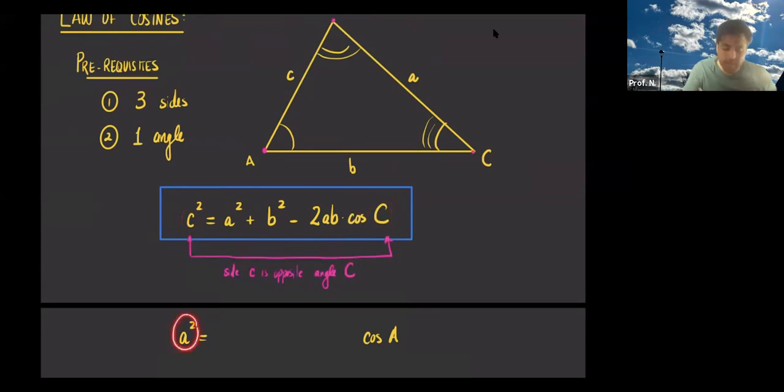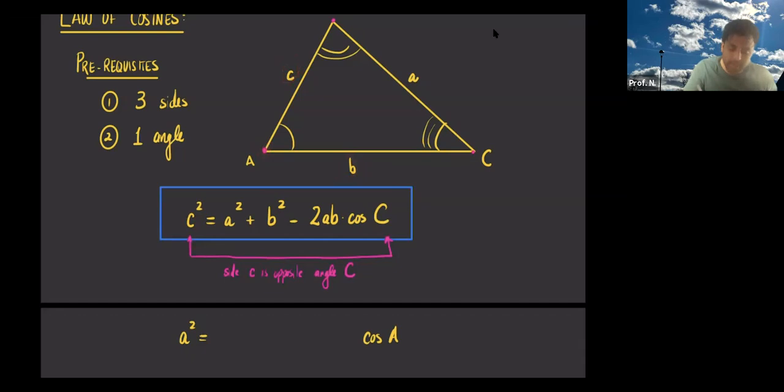So if this is a squared, then I can write this as cosine A, and then I'm going to fill everything in. And remember, in the previous formulation, a and b are the sides not opposite angle C. So what are the sides that are not opposite angle A? The ones that are next to it are c and b.